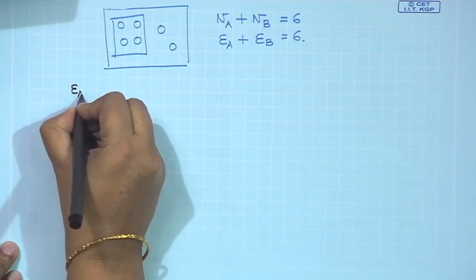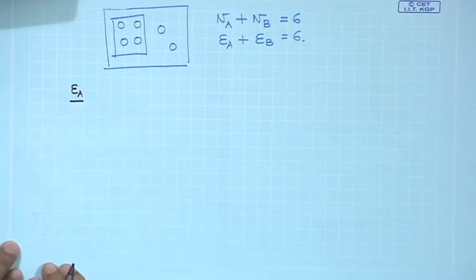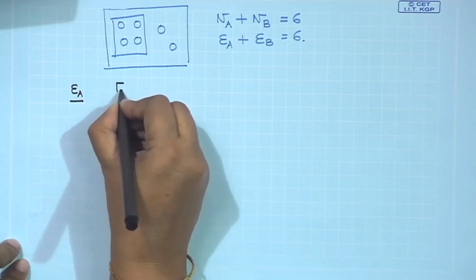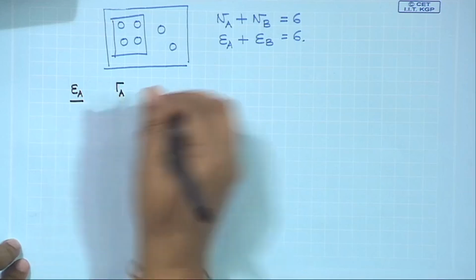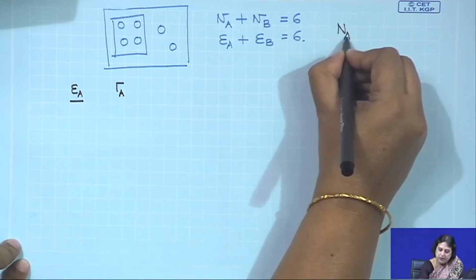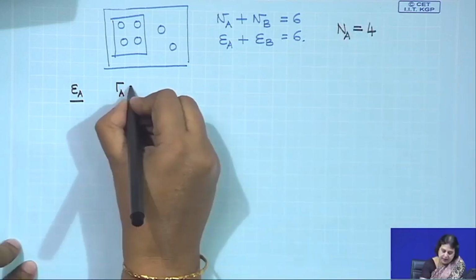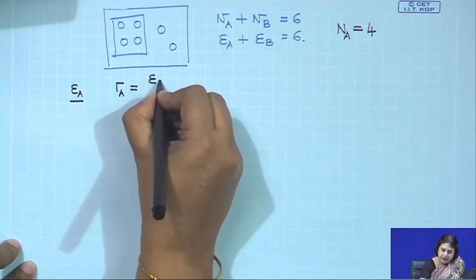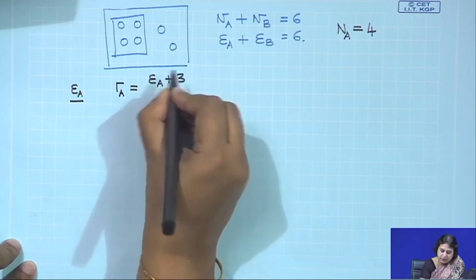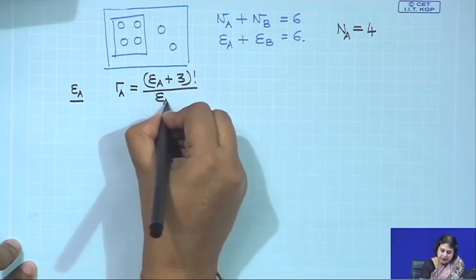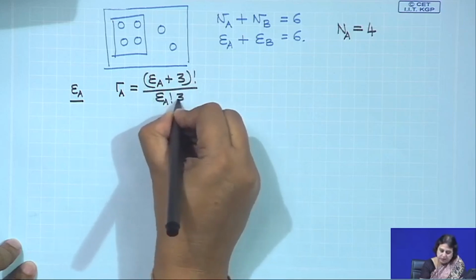The first thing that I will write down is the values of epsilon A. For every value of epsilon A, given that N A equal to 4, I must have gamma A given by epsilon A plus 3 factorial divided by epsilon A factorial into 3 factorial.